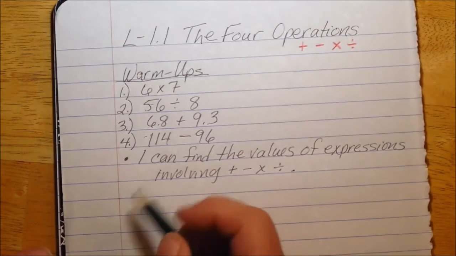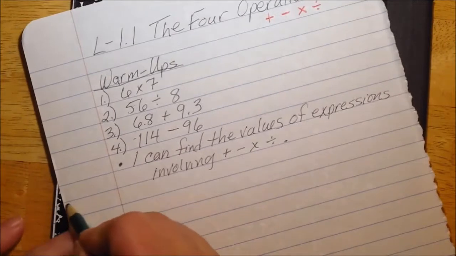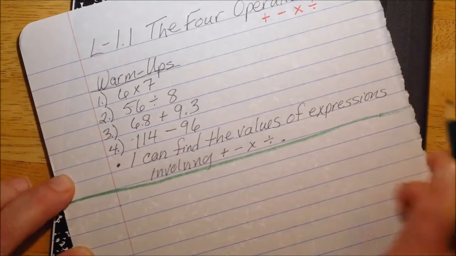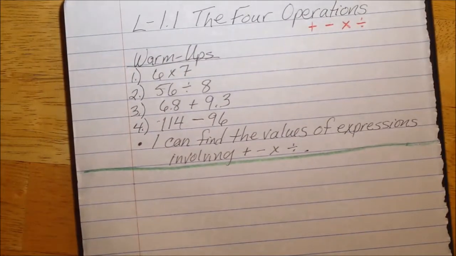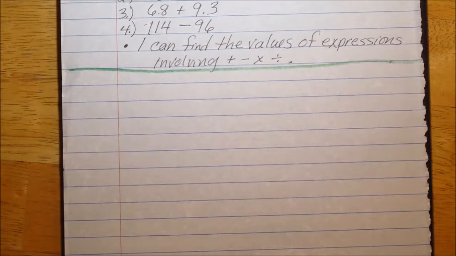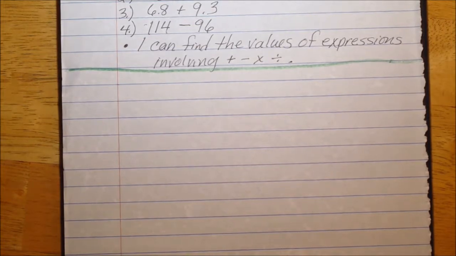With my dark green pencil, I like to draw a line here signifying that we are done with the warm-up session portion and ready to start into our notes portion. And for that, I'm going to start out with my vocabulary. Just dropped my scissors. Hang on.